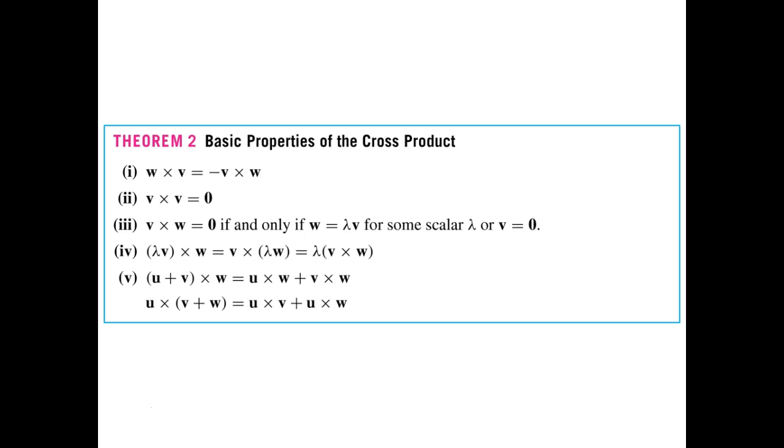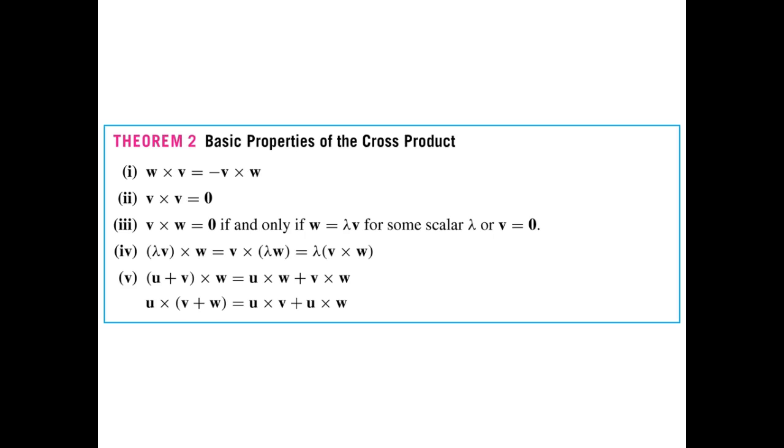Okay? Now, what if you had two vectors, V cross W, and you know it's 0? Can you say then they're definitely parallel? They could be, but it could be that V is a 0 vector, or that W is a 0 vector, or that W is some scalar multiple of V. Okay?